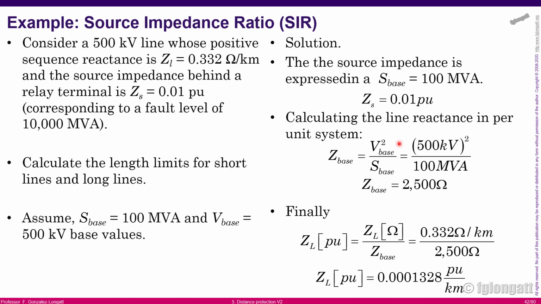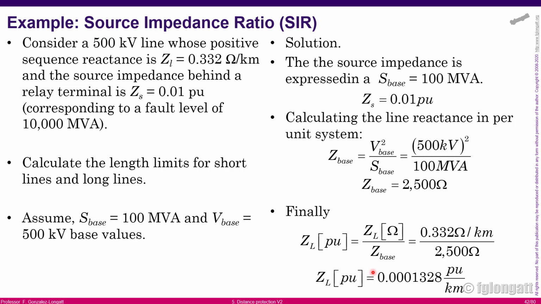The base impedance is given by the equation: My students are quite clever in power system analysis. It depends on the square of the base voltage divided by the apparent power base. And we obtain a base impedance of 2,500 ohms. Next step, we want to know the impedance in per unit per kilometer of this 500 kV transmission line.